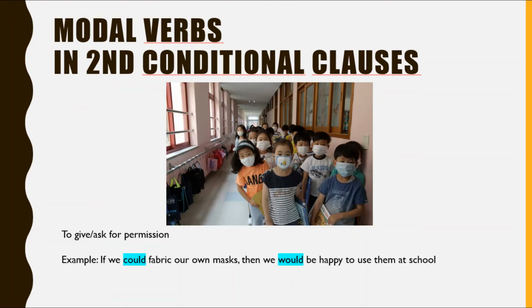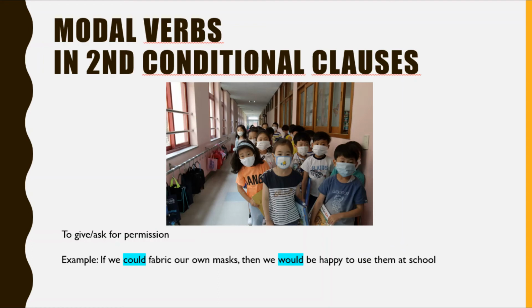If we could fabric our own mask, then we would be happy to use them at school. In this case, the person speaking is asking for permission to be able to use their own masks at school.